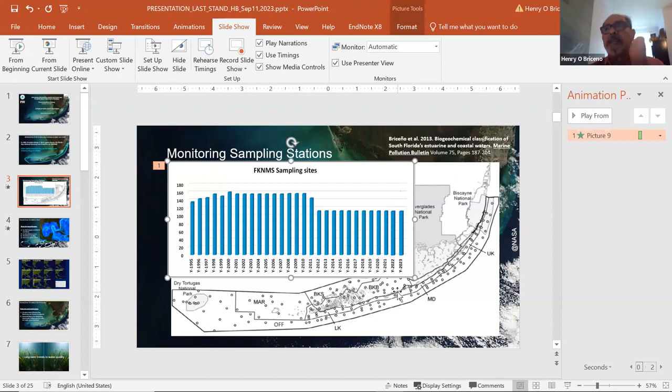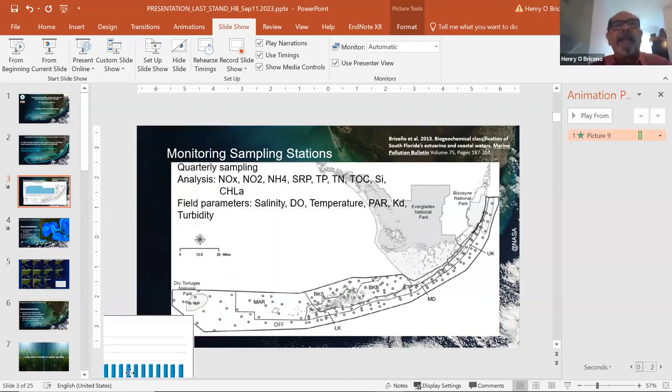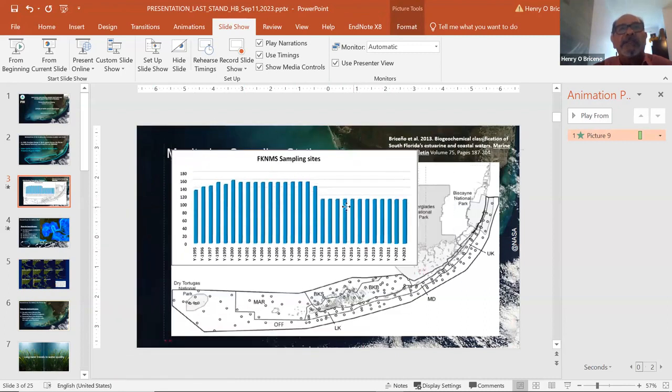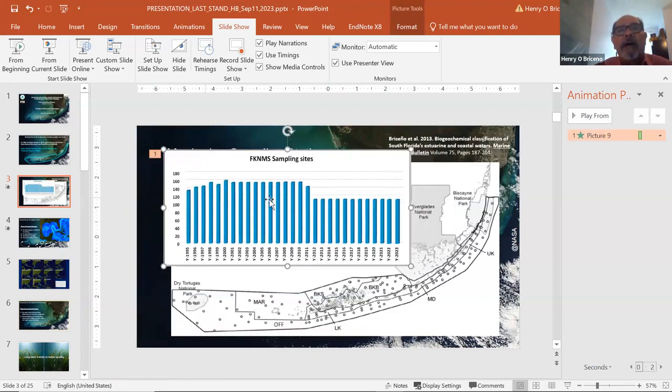Okay, so you can see this one now. Yeah, the third slide, we see it. Okay, so listen, we have these monitoring parameters that we have worked on for all these years. And that's the number of stations that we have had. Right now we only have 112 stations. The program has been squeezed because of budget cuts.